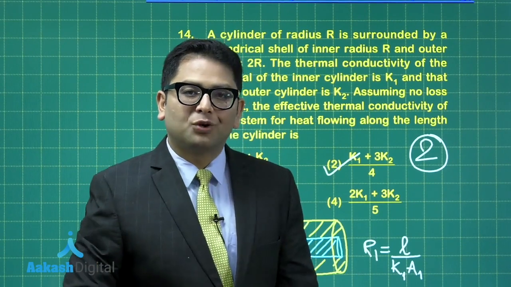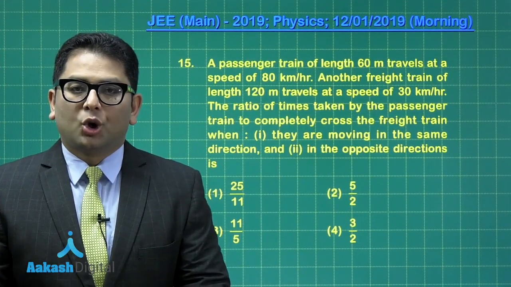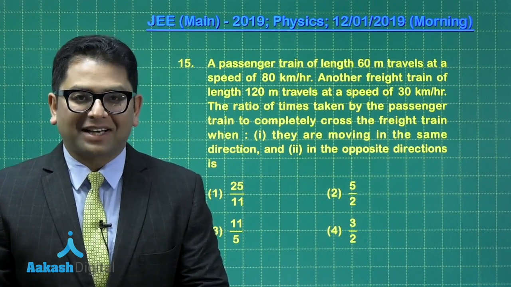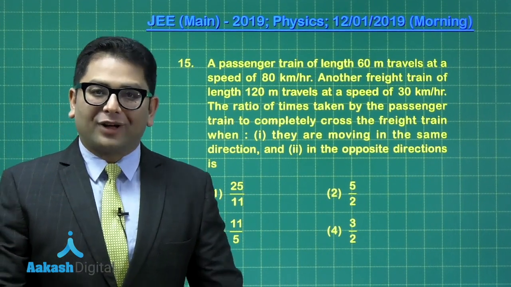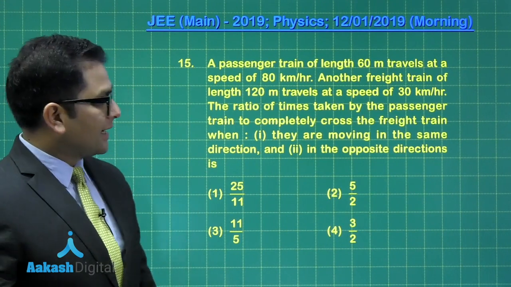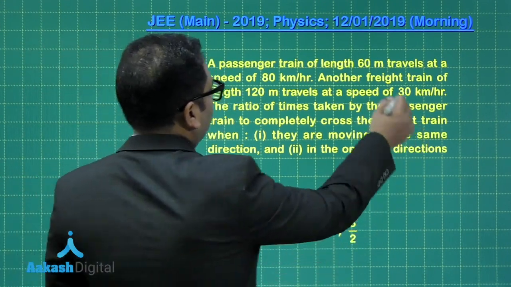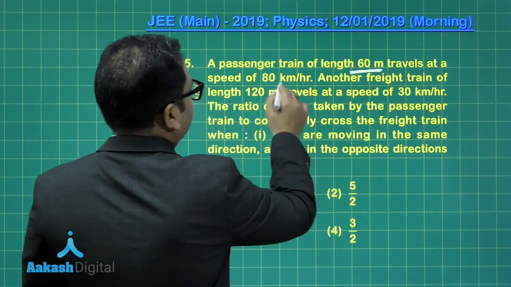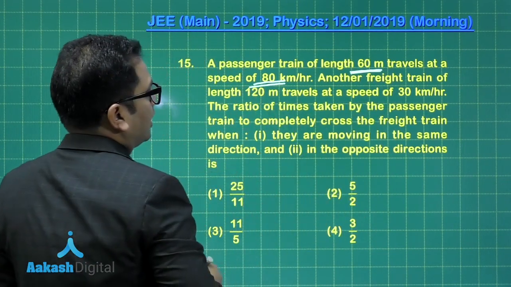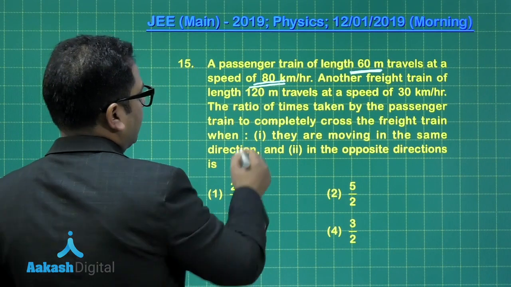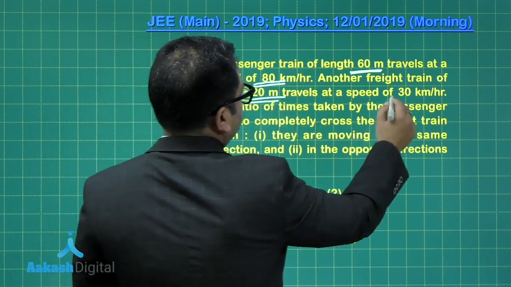Now it's time to move to question number 15. Question number 15 has been brought from the topic of relative motion. And now let's see. It says there is a passenger train of this length and is moving with this speed, and there is another freight train of length this and speed this.